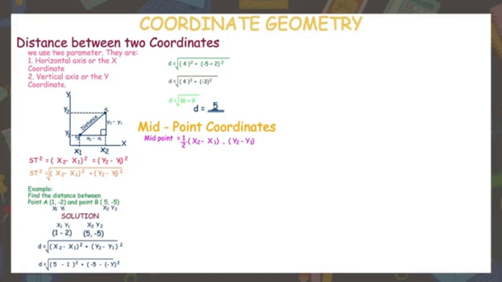The interpretation is x2 plus x1, everything over 2, comma, then y2 plus y1, everything over 2. That is the midpoint of a straight line.